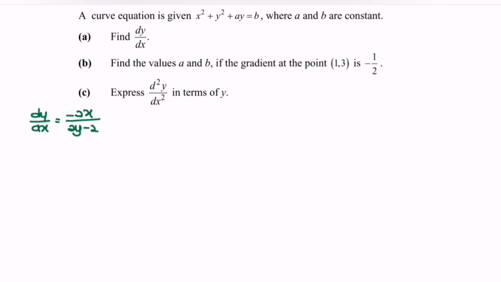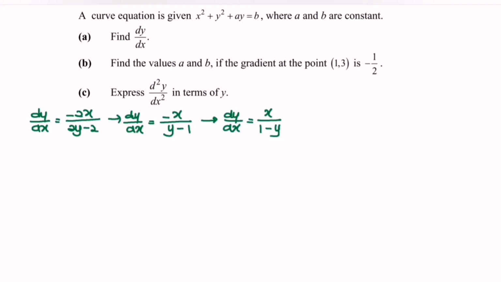Simplifying, dy/dx equals negative x over y minus 1, or further simplified, dy/dx equals x over 1 minus y.